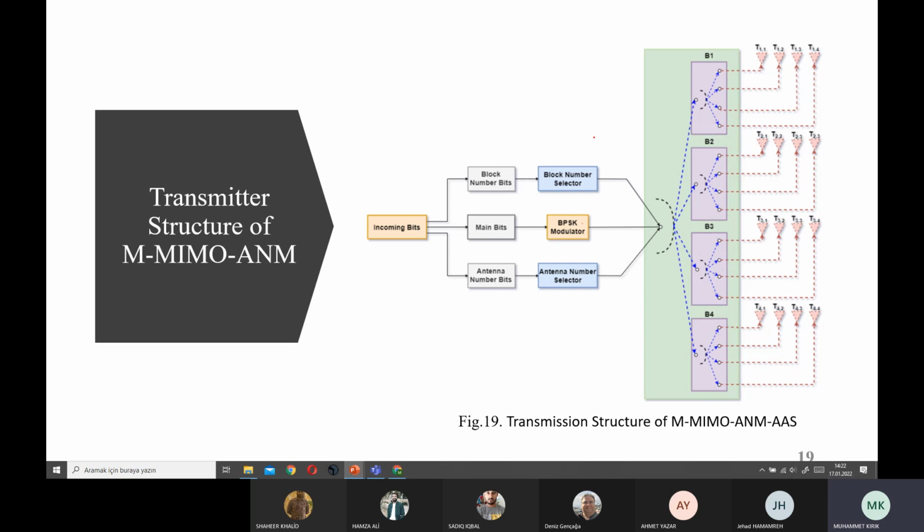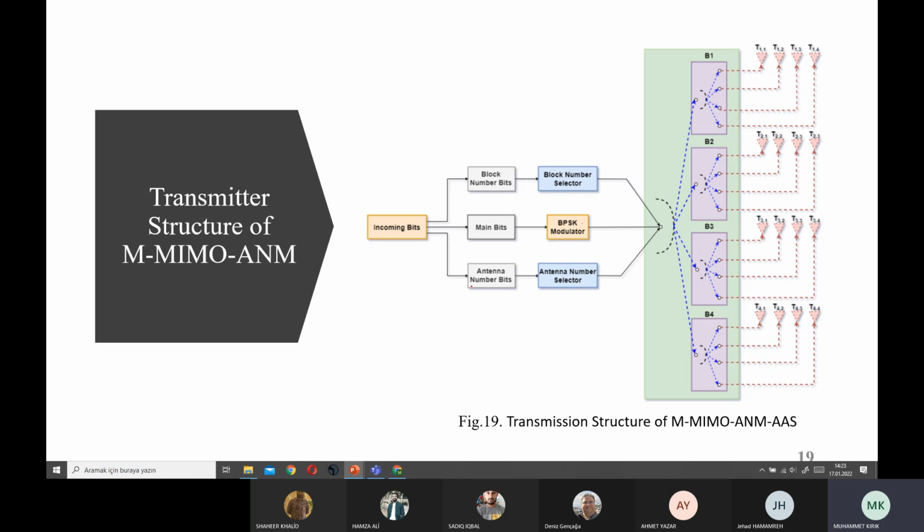So we have the transmitter structure of the multiple MIMO-ANM scheme. In figure 19, you can see that the procedure is quite similar to the antenna number modulation. We have the incoming bits, and we are dividing them into the main bits and the antenna number bits. These main bits are modulated by the conventional data modulation techniques such as BPSK, QPSK, QAM, any of them.